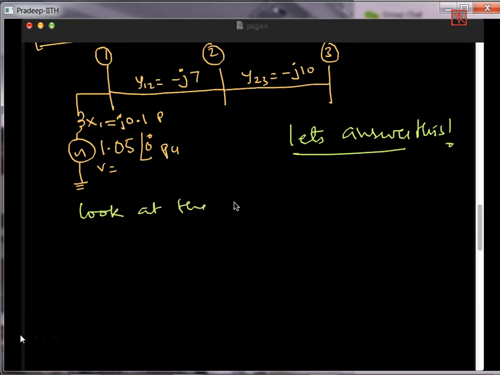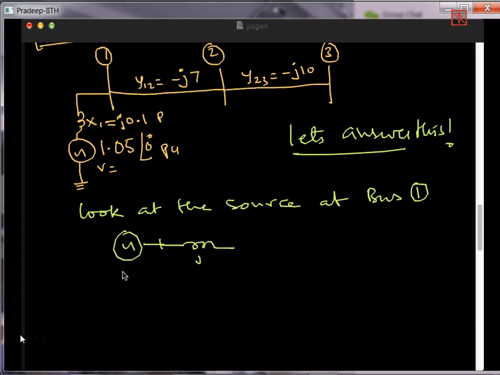Look at the source at bus 1. So we have V equal to 1.05 angle 0 per unit, and this is J, this is your reactance. So just find Norton's current. Which is nothing but just the short circuit current.